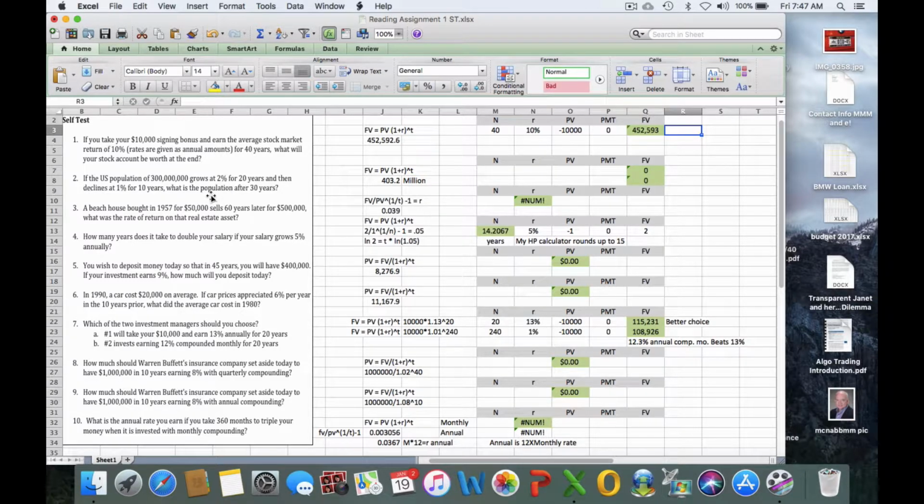The second one, 300,000, growing at 2% for 20 years, and then declining at 1% for 10 years. So it's two problems. We've got the 20 years, 2%, 300 million, excuse me. So we'll just put in 300.